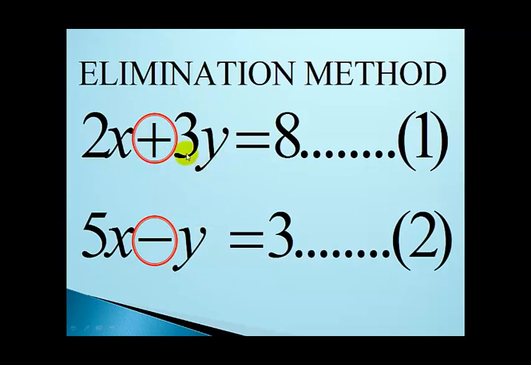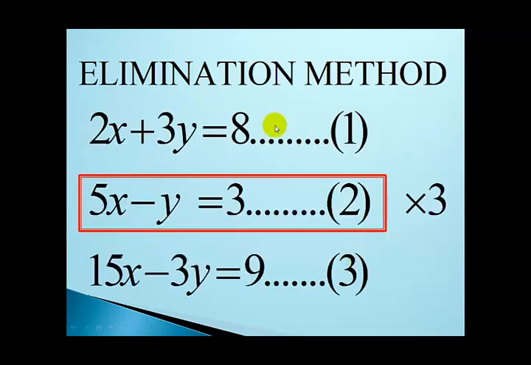The coefficient of y in equation 1 is 3, but in equation 2 it is 1. Before we can add the two equations together to eliminate y, we have to make sure that y has the same coefficient in both equations. That means we have to multiply equation 2 by a constant.